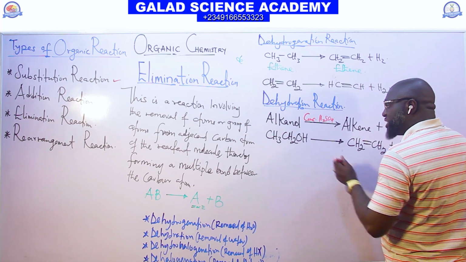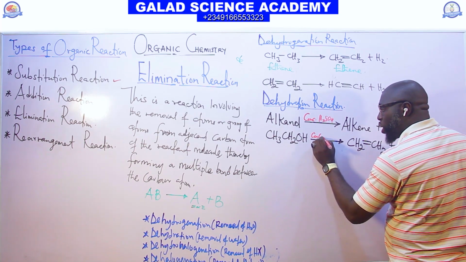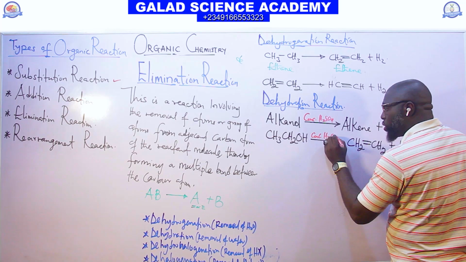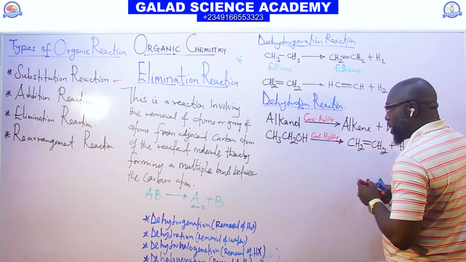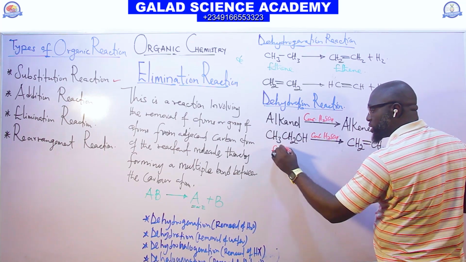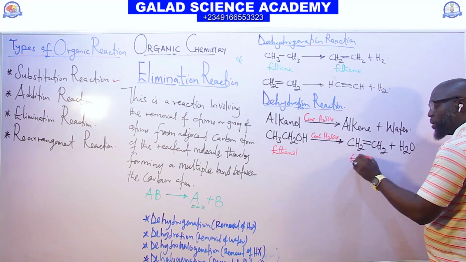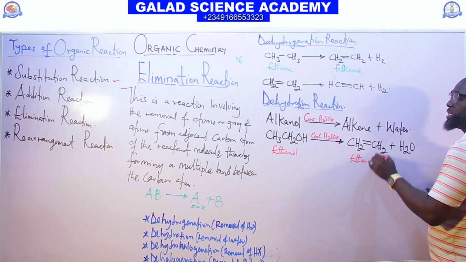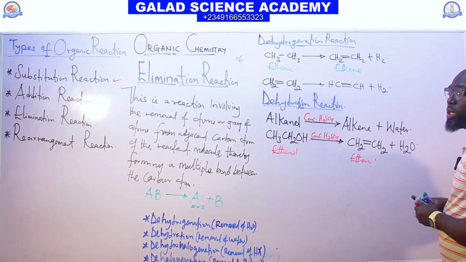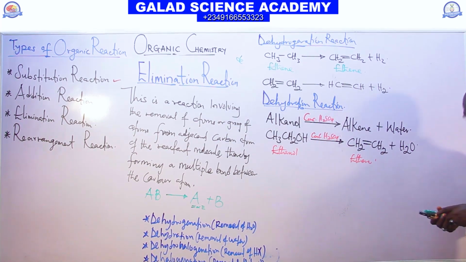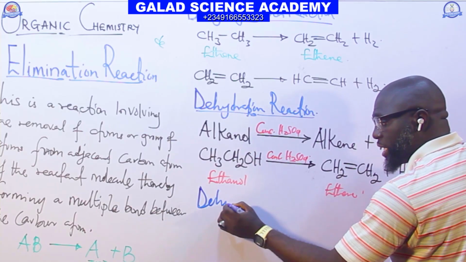And the dehydrating agent we have here is conc H2SO4. And this is ethanol, and here we have ethene. So this is a common and good example of dehydration.